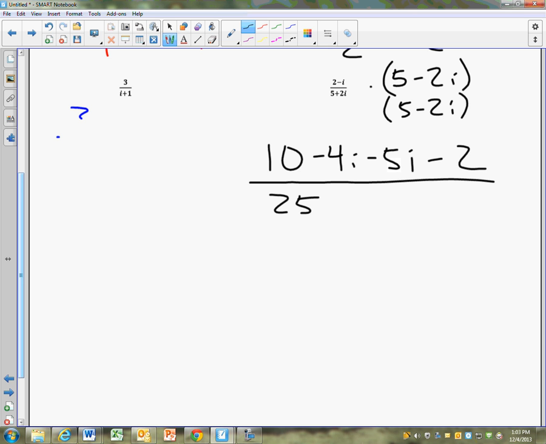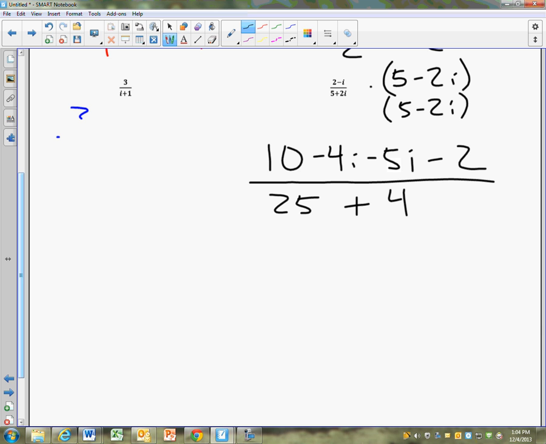Do the middles cancel? Yes, that's why we multiplied by the conjugate, to get the middles to cancel. So now you have positive 2i times negative 2i. It's going to be negative 4i squared. What's negative 4i squared? Positive 4. So look at what you got.